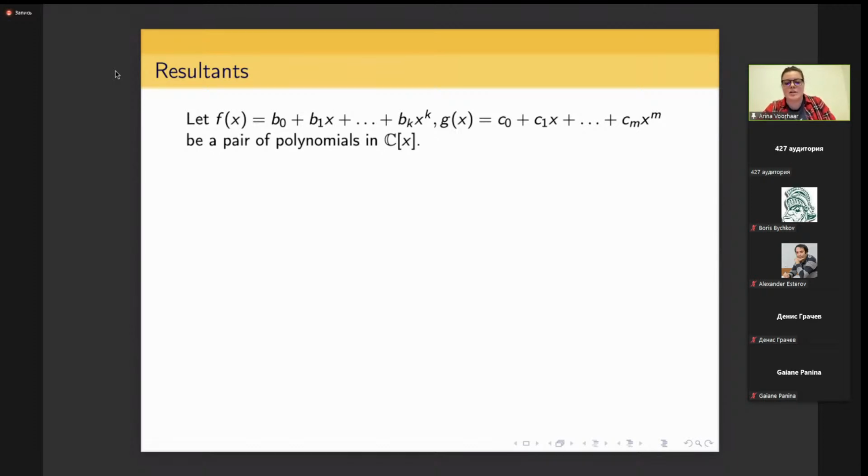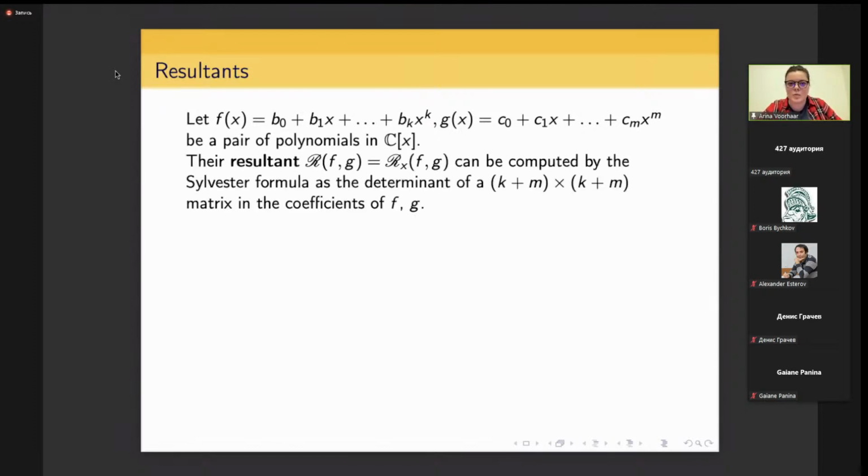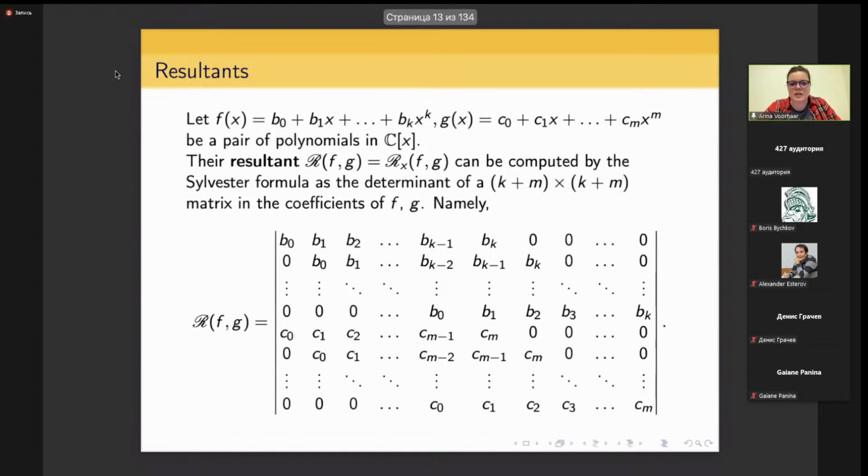Then the resultant would be a polynomial in the variables b_i, c_j, such that it vanishes whenever the corresponding pair of polynomials has a common root. One can compute this polynomial explicitly using the Sylvester formula. Basically, this polynomial will be a large determinant, of size (k plus m) times (k plus m), where k and m are the degrees of the polynomials f and g.